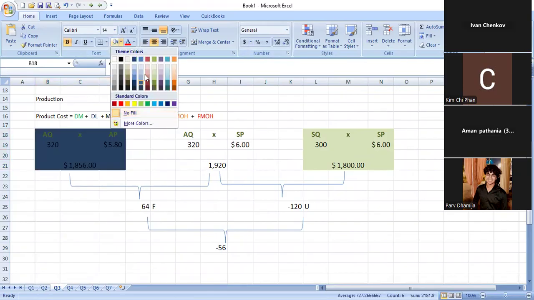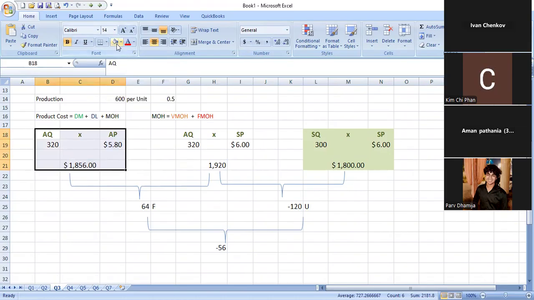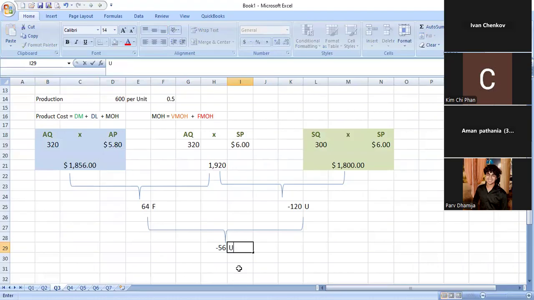Is that good for me or not good for me? Not good. Is it in my favor or not in my favor? Not in our favor. So how much more are we spending? $56. Is it going to be favorable or unfavorable in this case? Unfavorable. Make sense? Yep.